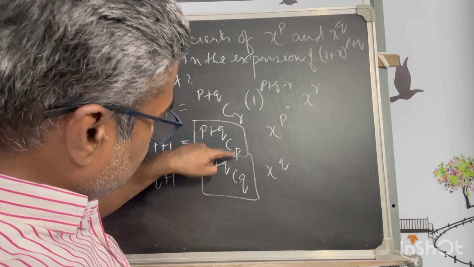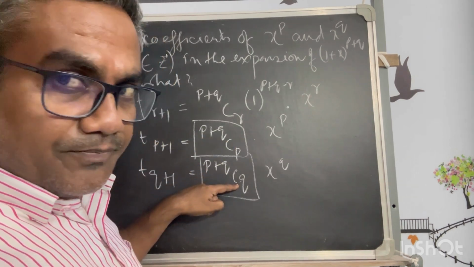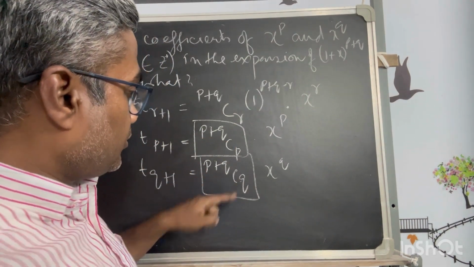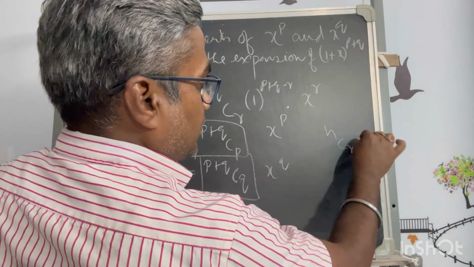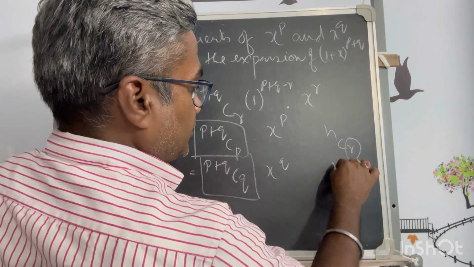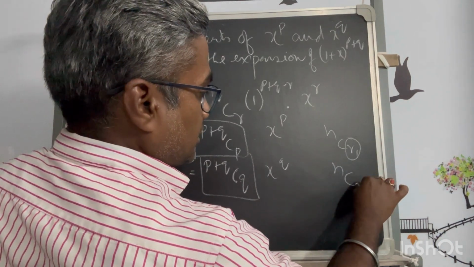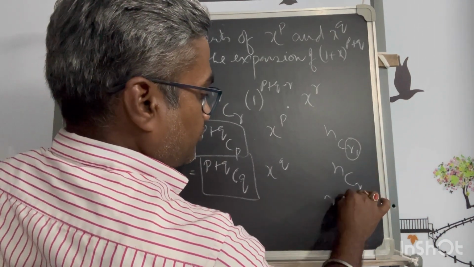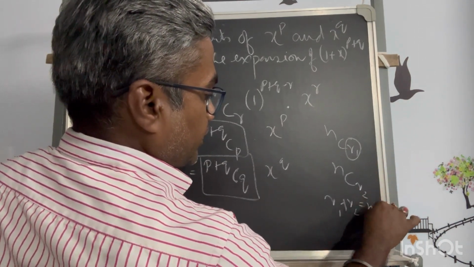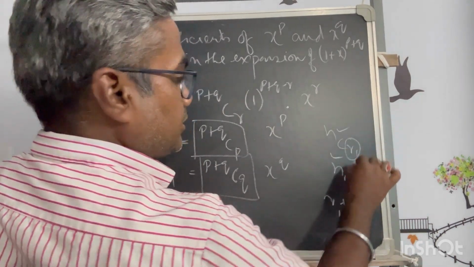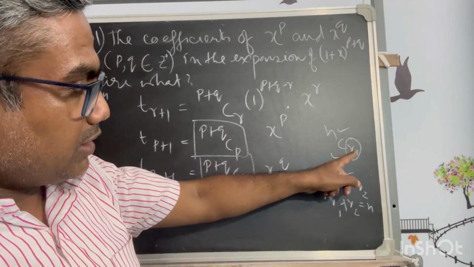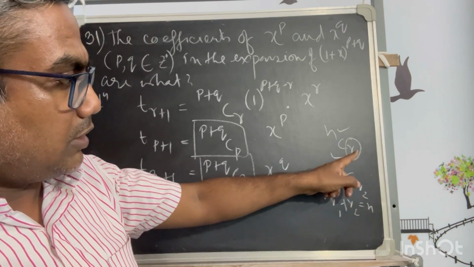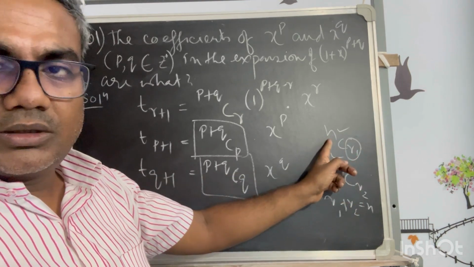If you see the bottom part of the combination, that means nCr1 and nCr2, if r1 plus r2 is equal to n, then we can say these two are equal, or else if this and this are equal, then definitely either r1 is equal to r2 or r1 plus r2 is equal to the highest power.